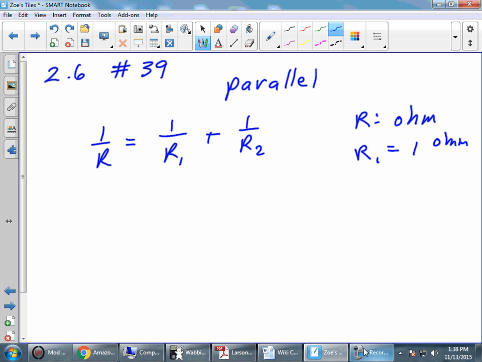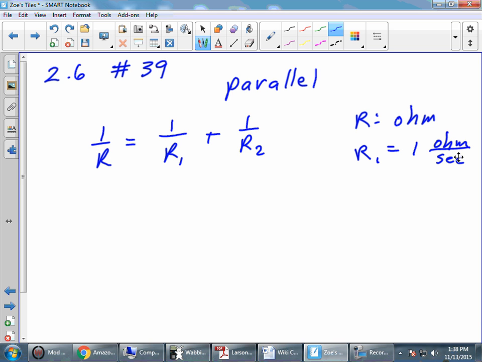That's a rate, and that's really important. That's not resistance itself. If we're given a rate, something over something else, it's like rise over run.